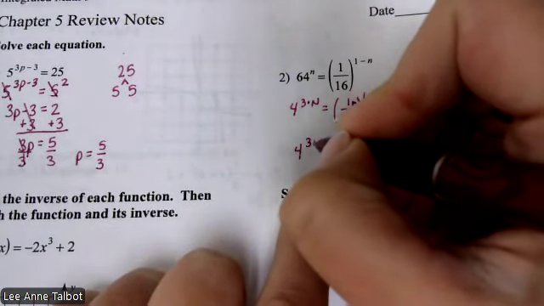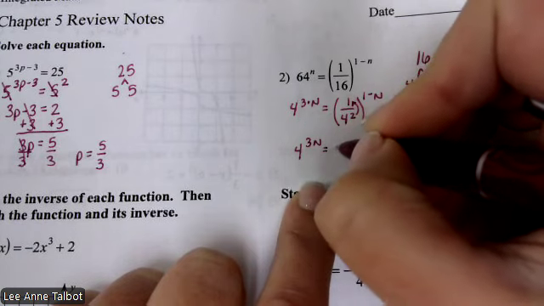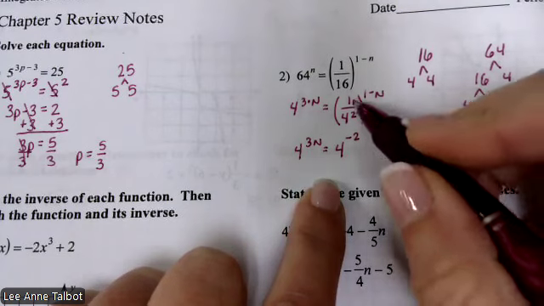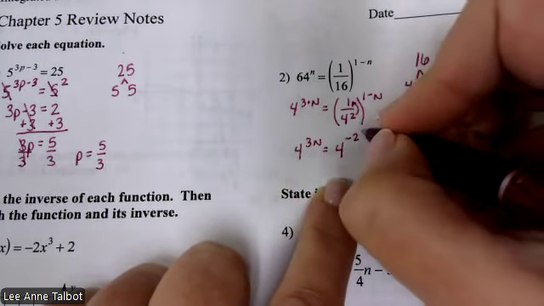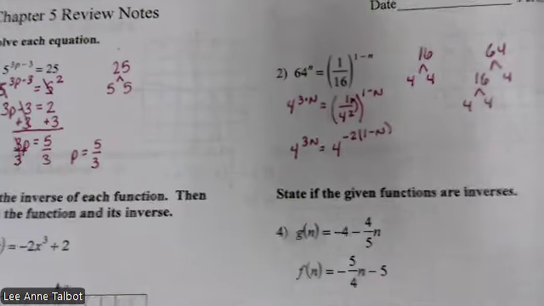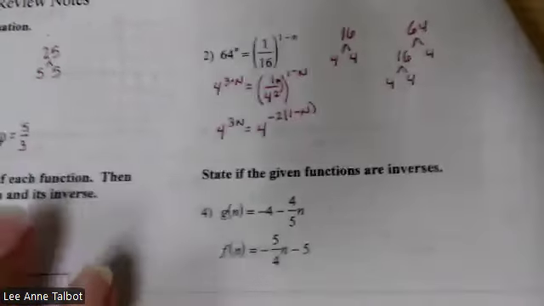4 to the 3n equals 4 to the negative 2. So bringing that upstairs makes it negative 2. And then 1 minus n goes in parentheses for a distributive property.